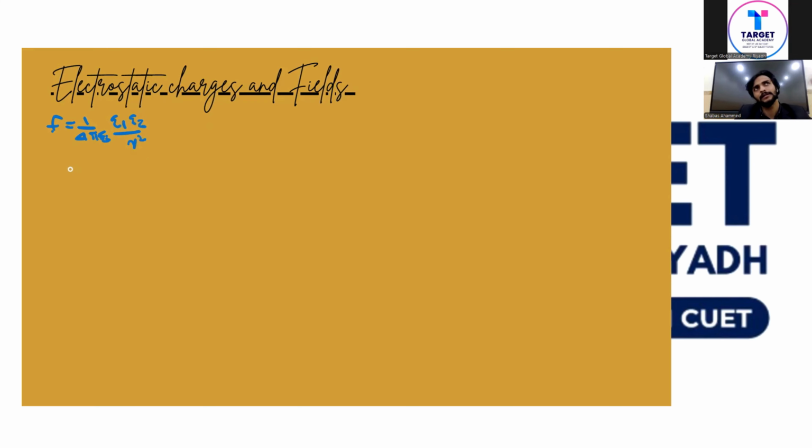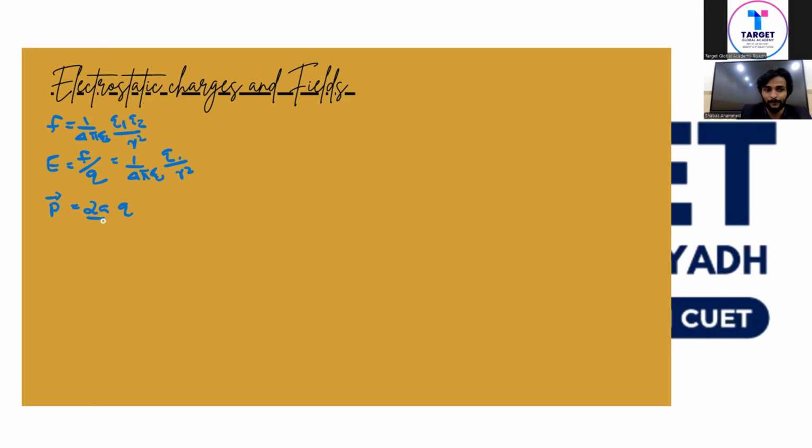Right. Then the next thing is electric field. Electric field is the force experienced by a unit charge. That is the definition, or we can say 1 by 4 pi epsilon 0 into Q by R square. Then about the dipole, the dipole moment is given by 2aq.